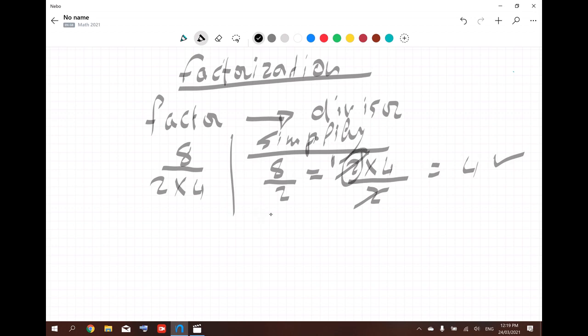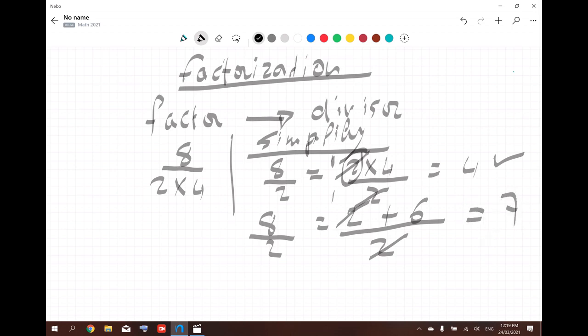Now, if we do the same, but instead of expressing 8 as a product of its factors, we're going to express it as a sum of two numbers. Let's say 2 plus 6, and 2 plus 6 is 8. And then will I get the 4 if I simplify this by that? 2 divided by 2 is a 1. 1 plus 6 is a 7, which is not the answer I'm expecting, so I cannot actually simplify 2 by 2.